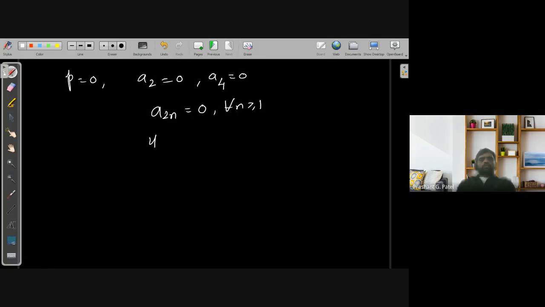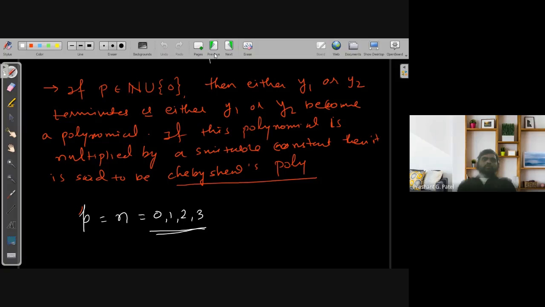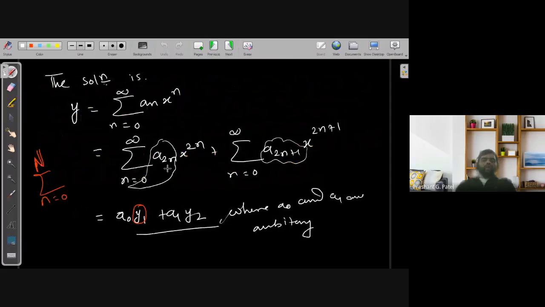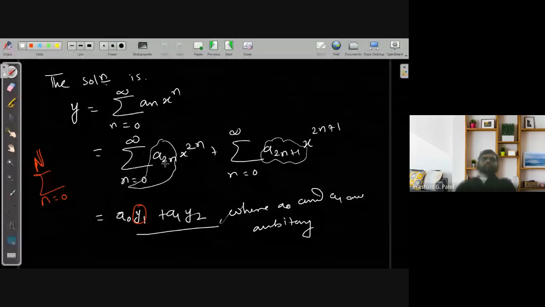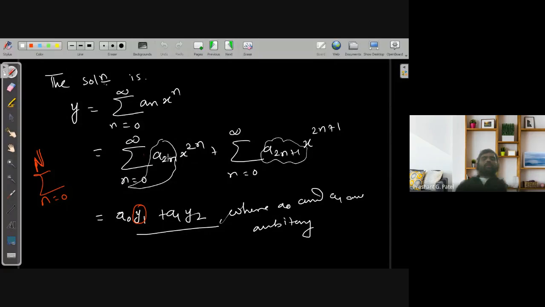So what is your y1 in that case? In this series summation of a2n x to the 2n, only one term survives, that is the constant term.